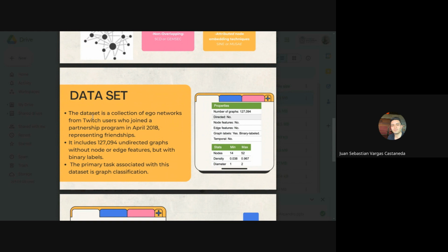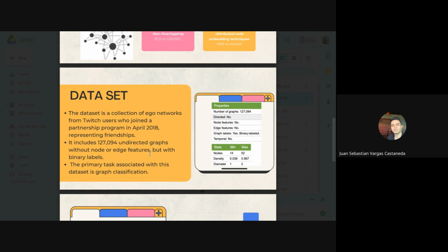This data set can be seen as a big network built out of sub networks called ego networks, which are single sub networks built around a single person, an ego. They call it an ego, meaning a person. So a person has connections, and those connections have their own connections. So the data set is built that way.